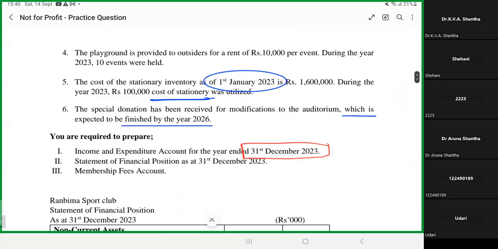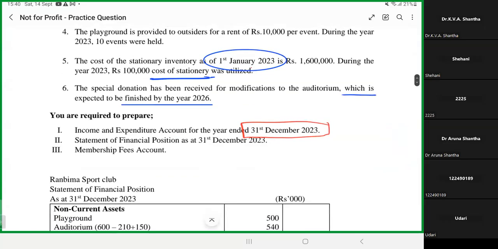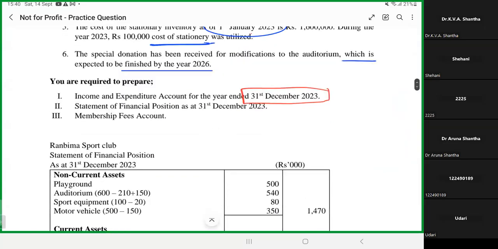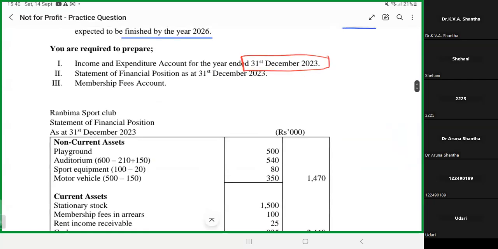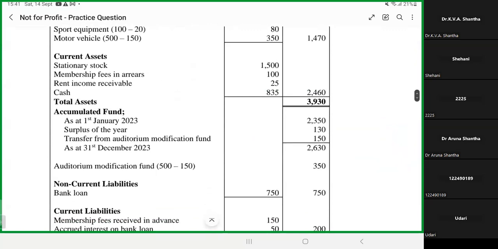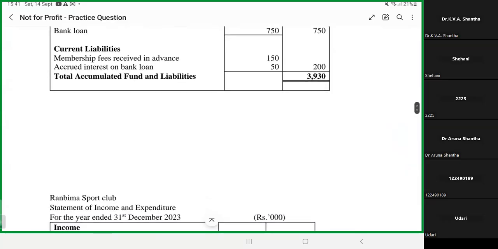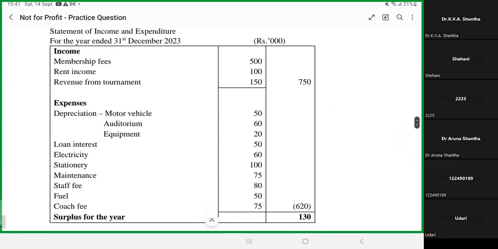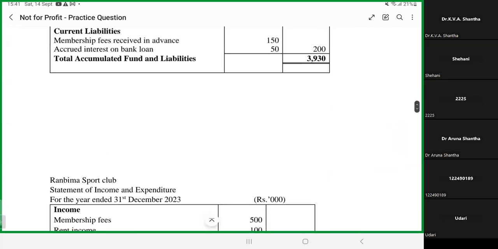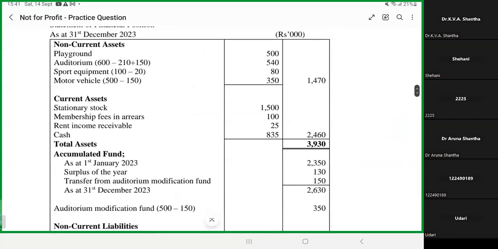So plant and equipment 1,320. That value comes as when you prepare for companies. You can have one column for each asset, playground, sport equipment, likewise separate columns.